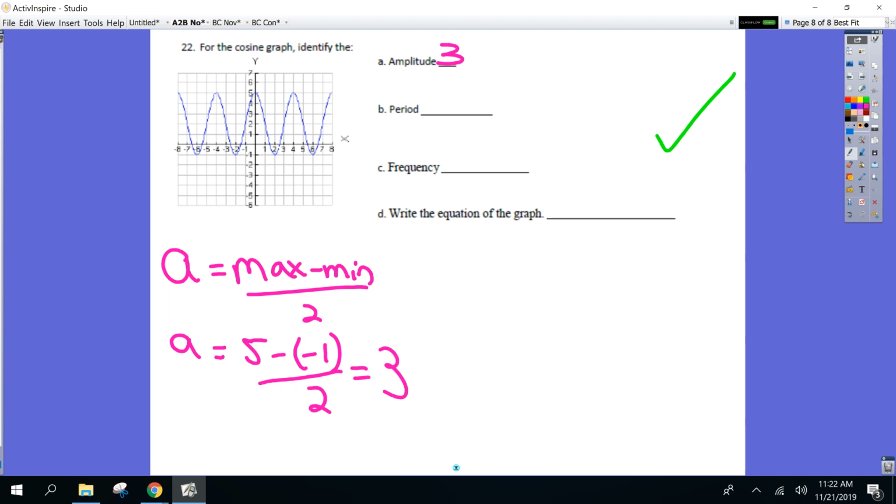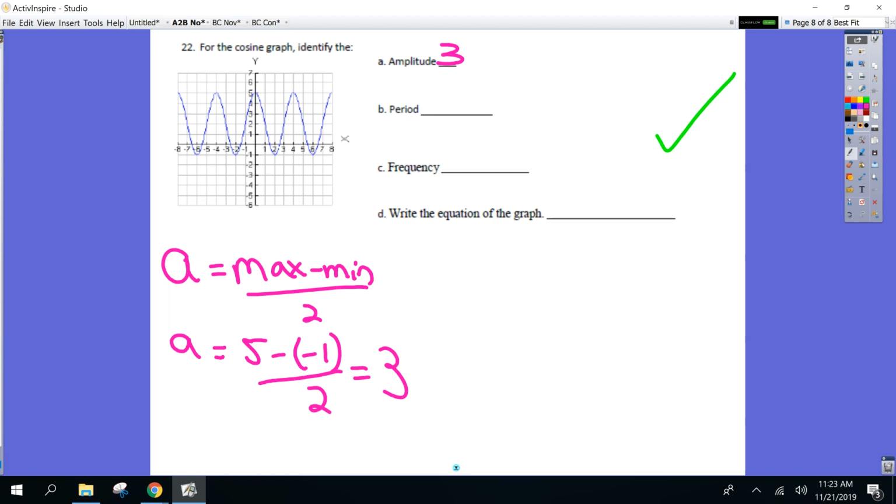Period. Here's where I get nervous. I know 99% of you can find period given an equation, 2 pi over b. But can you find it using a graph? What's period mean to you guys other than 2 pi over b? How long it takes to make one cycle. Okay, on the x-axis, how long is it taking to make one cosine curve?